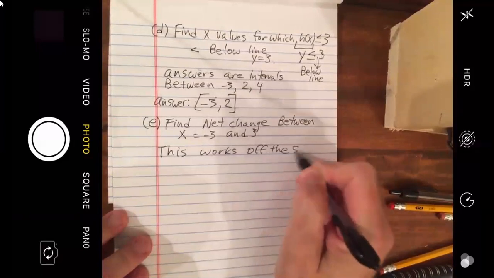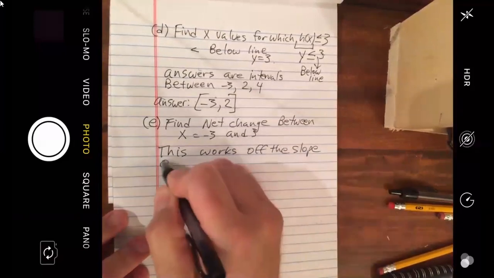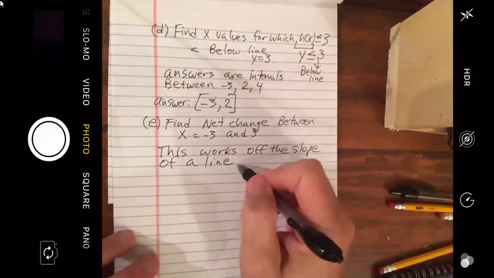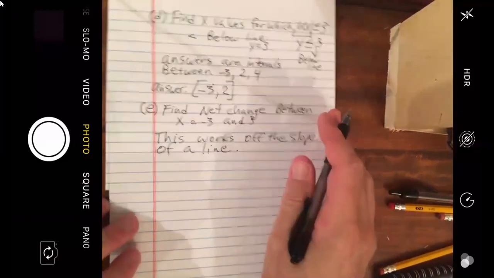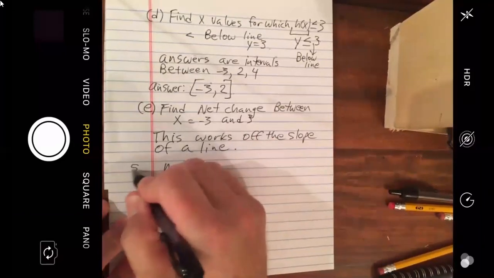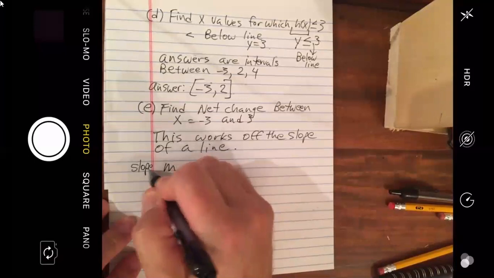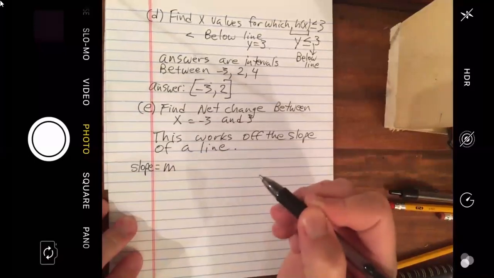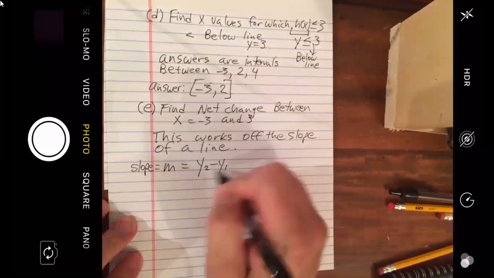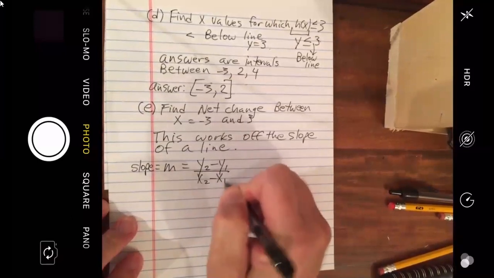The slope of a line. If you had this in high school, pretty recently, everybody remember they called slope m. And they had a formula for it, y2 minus y1 over x2 minus x1.